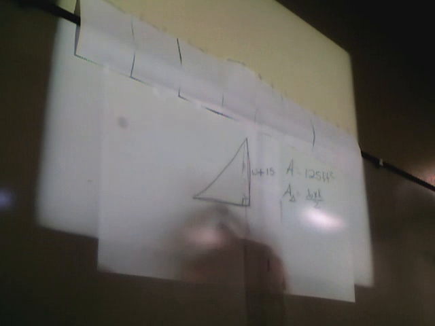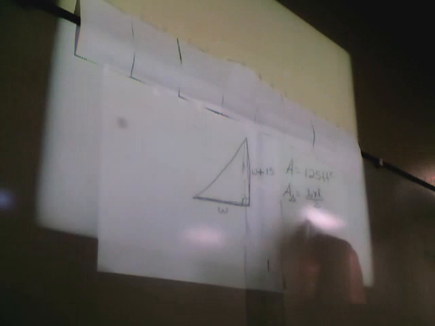So the base of it is this W right here. The height of it is the W plus 15. That will be divided by 2. It gave you the area, didn't it? So we can put a 125 over here for the area.